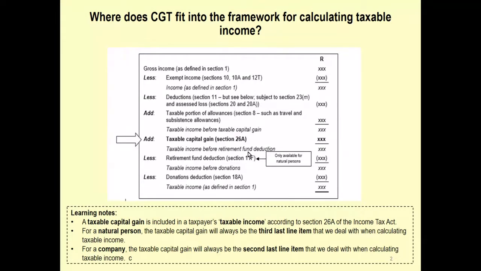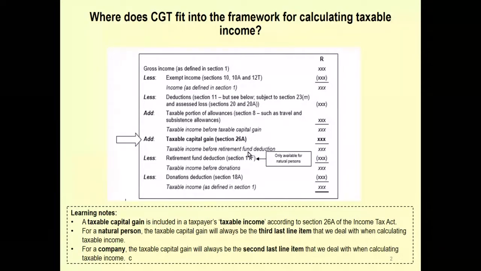Companies don't have this, so we don't have to worry about that. That means that for CGT, any taxable capital gain when you are dealing with a natural person is the third last item that you bring into account when calculating your taxable income. And for a company, it will always be the second last inclusion.